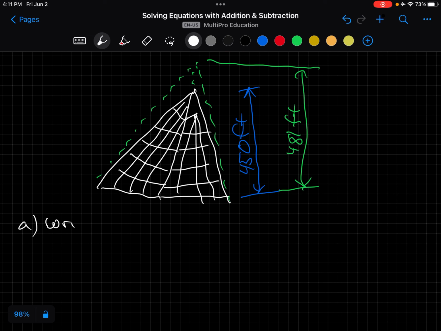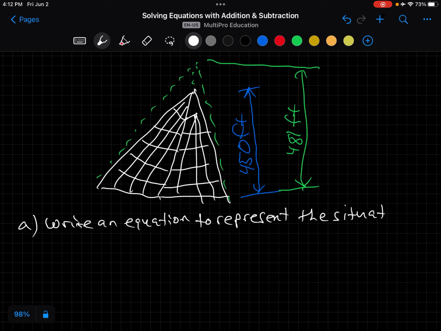So what are we to do? We want to write an equation to represent the situation.